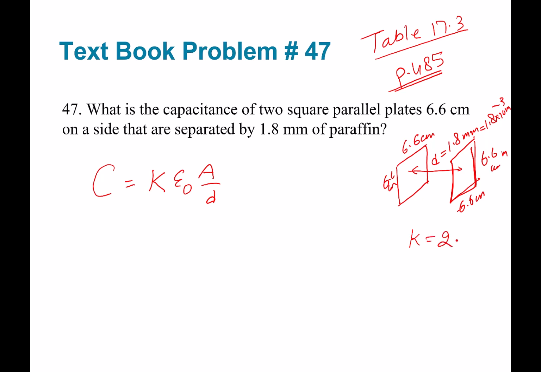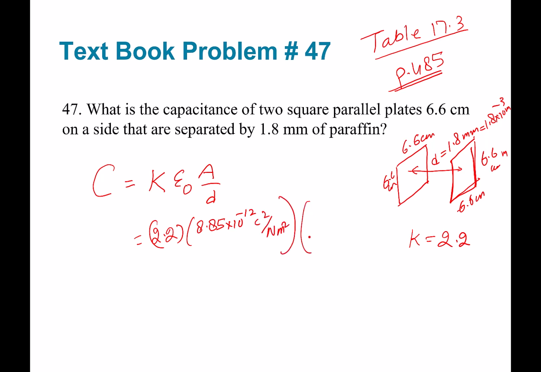K is 2.2. So if we put in the value of 2.2, epsilon naught is known, area can be determined, and the distance of separation is given to us. K is a dimensionless quantity, and epsilon naught is 8.85 times 10 to the power of minus 12 coulomb square per newton meter square.